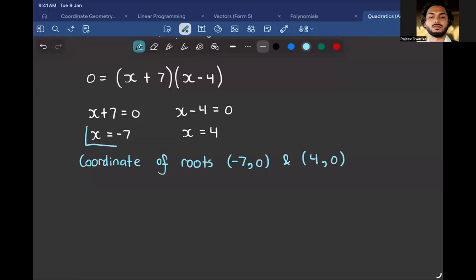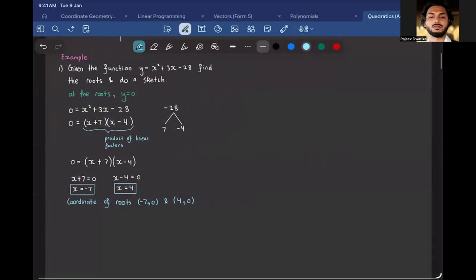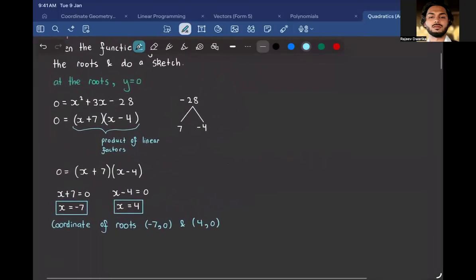And these would be your roots. X is equal to negative 7 and x is equal to 4. So these are your roots. Let's see how that would look graphically.